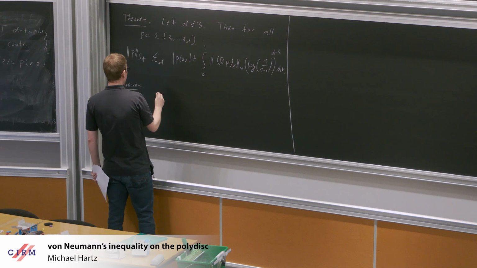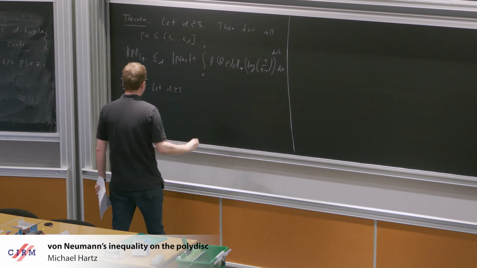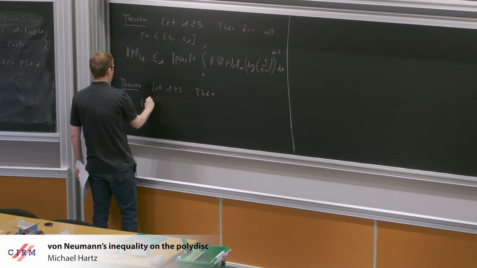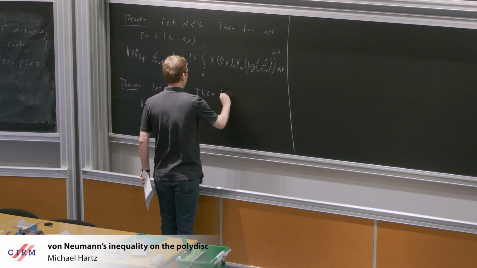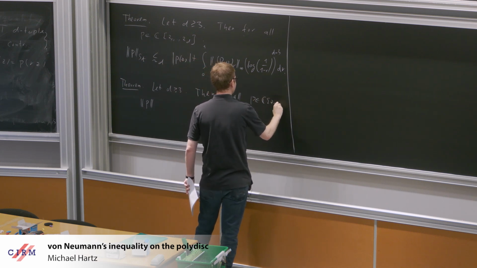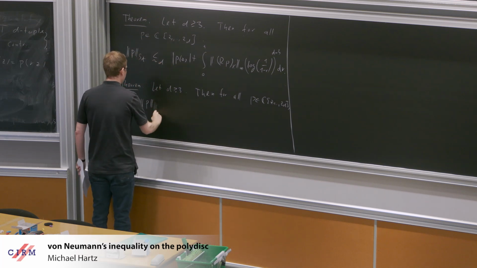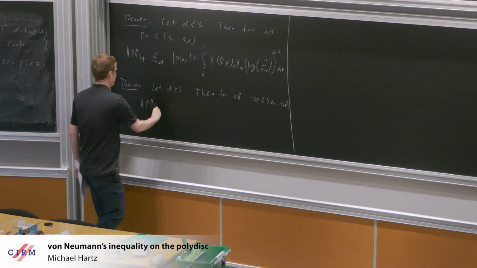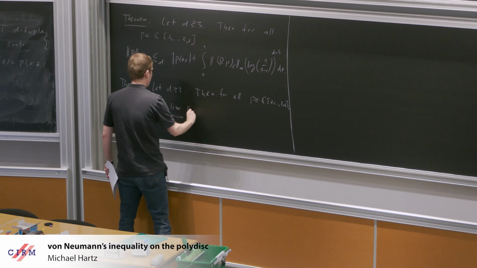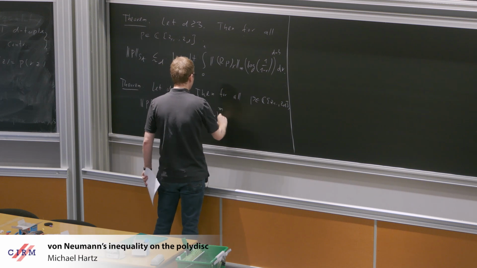And what you can show is, again, let's say D is at least 3, then for all polynomials, the sup norm of your polynomial is the limit as, let's say, n goes to infinity of the Schur-Agler norm of z3 times zd to the n times p.